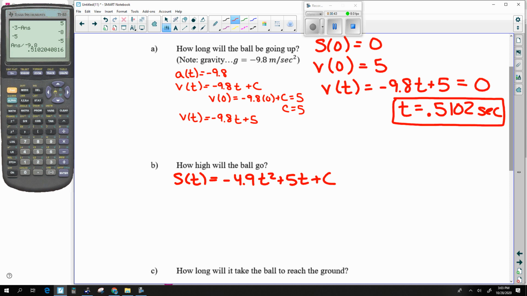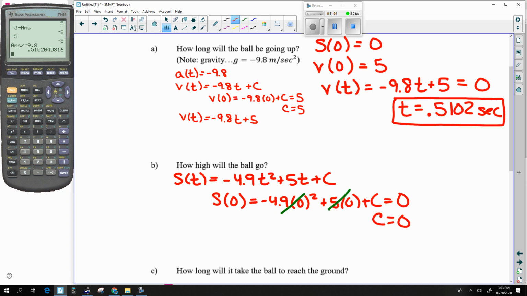That creates a c, but again, I have a condition that helps me out: when s is 0, -4.9 times 0 squared plus 5 times 0 plus c is equal to 0. C is equal to 0. That makes my position equation -4.9 t squared plus 5t plus 0. All right, that is my position.